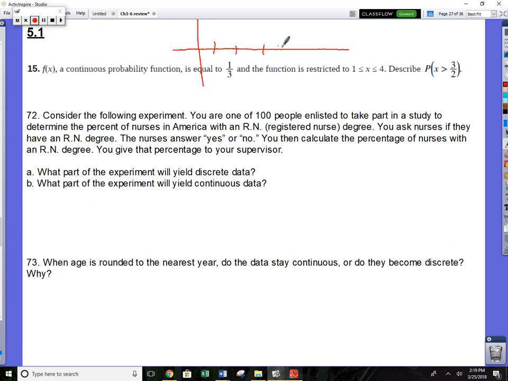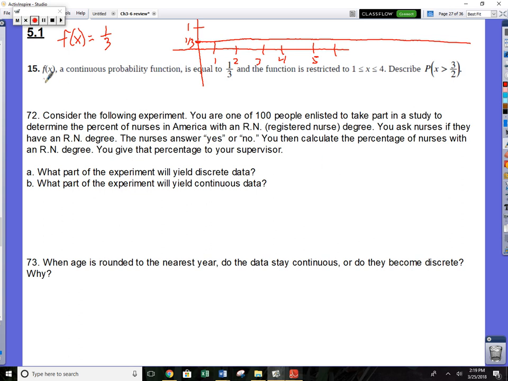So this is going to be 1, 2, 3, 4, 5, and the function f of x equals 1/3. If we call this 1/3, it's right here. Boom, boom, boom. I've got this horizontal line that goes forever.